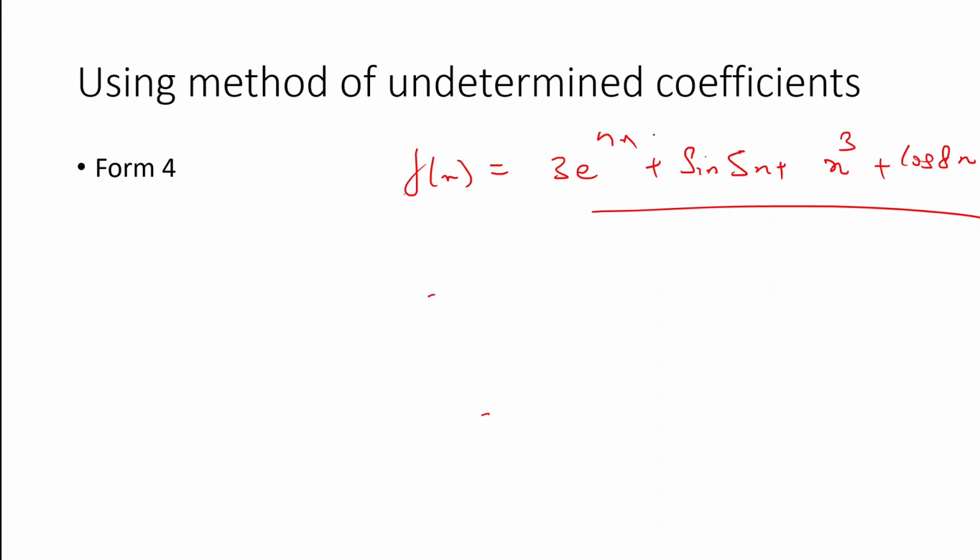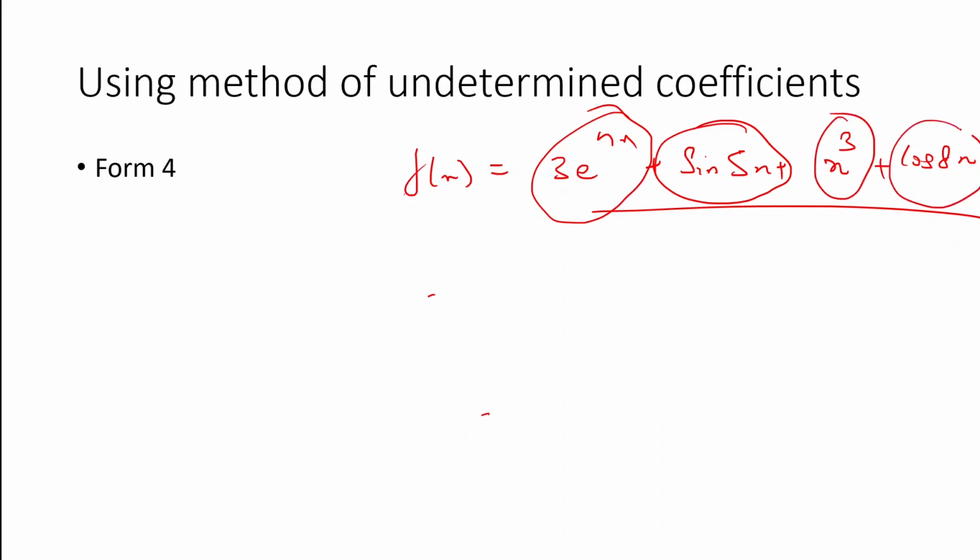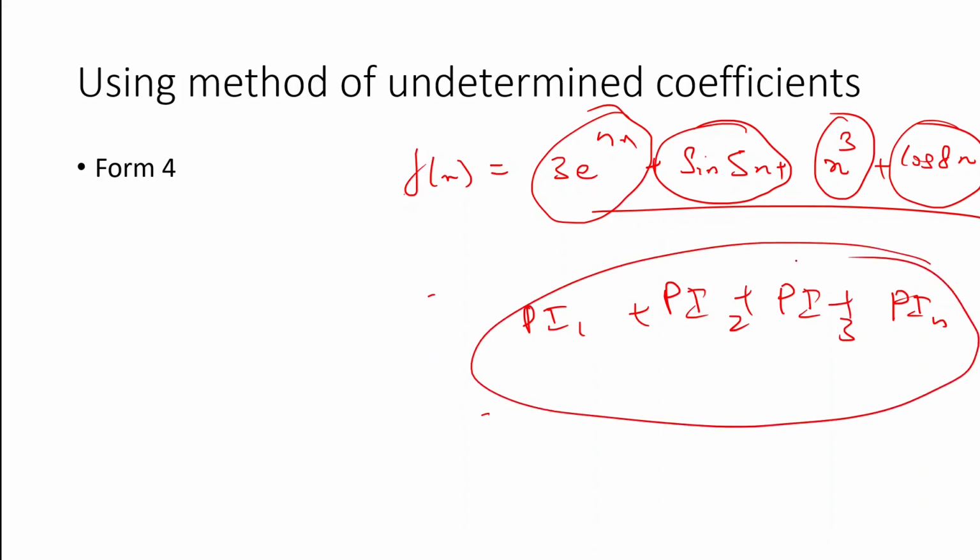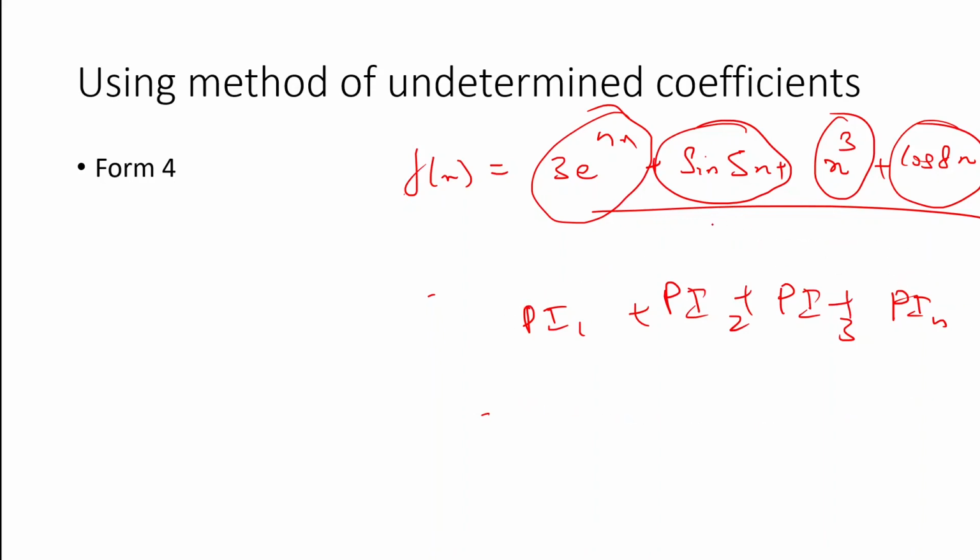Then we solve for each form independently, find the particular integral of each form, and superimposition means we can add them. Find the particular integral number 1, particular integral number 2, number 3, number 4, and add them all. So that is our superposition principle, can be applied for undetermined coefficients, where you can just add the separated particular integrals together.